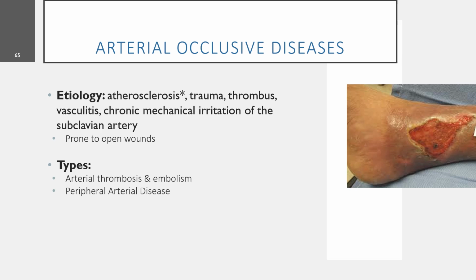Etiology: atherosclerosis, trauma, thrombus formation, vasculitis, and chronic mechanical irritation of the subclavian artery. Due to compromised blood flow and tissue oxygenation, they are prone to open wounds. And the two different types are arterial thrombosis and embolism, or peripheral artery disease.